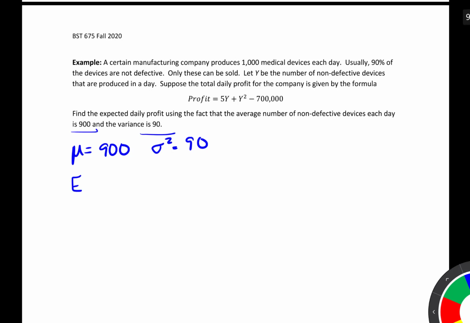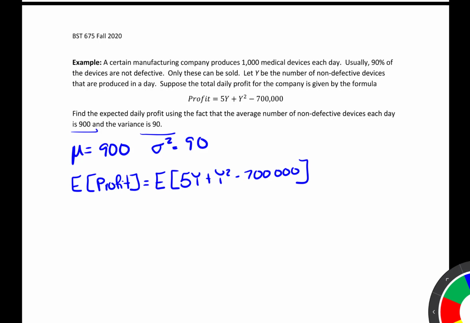Notice if we want the expected profit, that's going to be equal to the expected value of 5Y plus Y squared minus 700,000. And using one of those formulas that we had earlier on, we can see that this is equal to the expected value of 5Y plus the expected value of Y squared minus the expected value of 700,000.